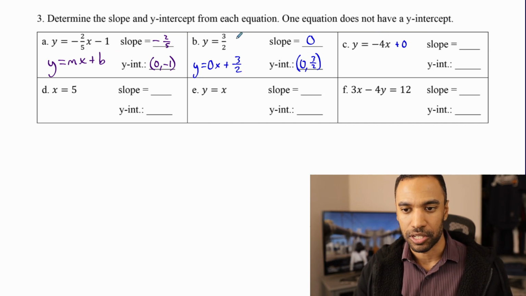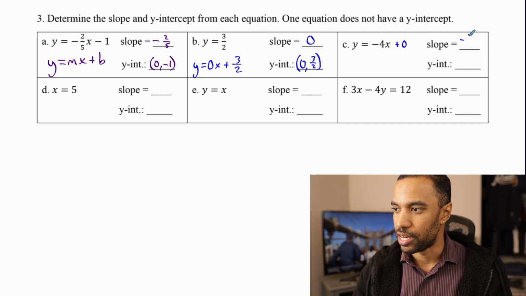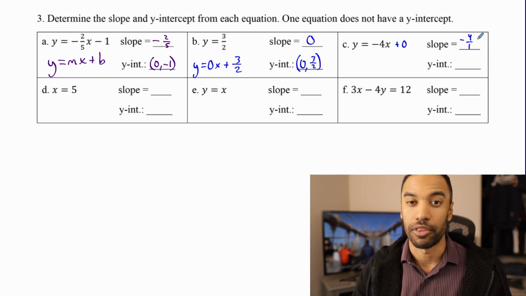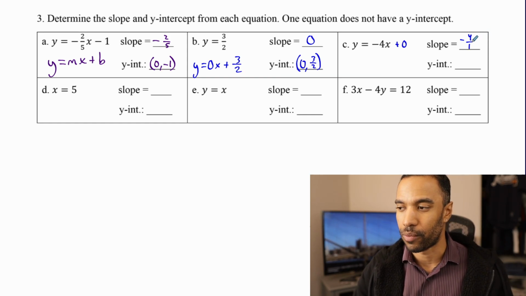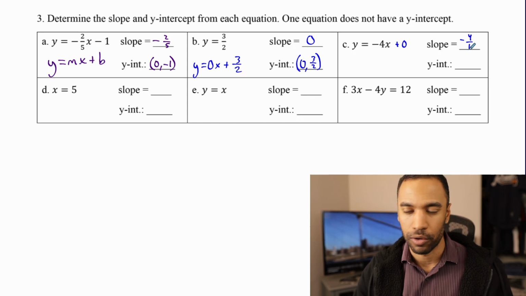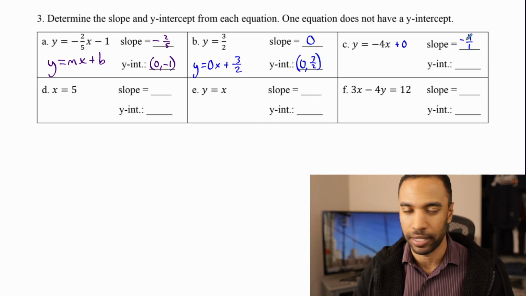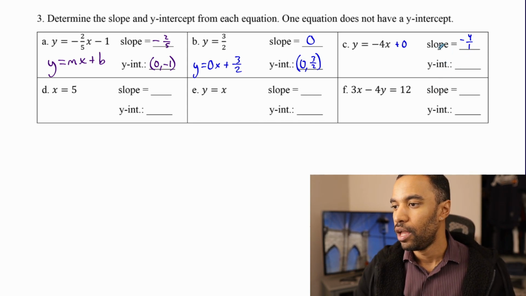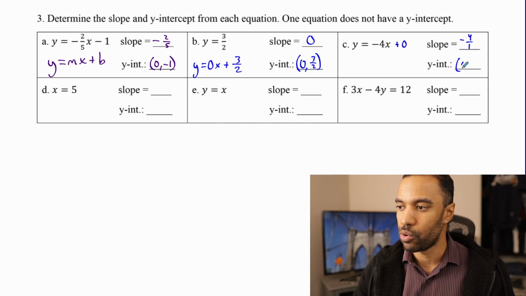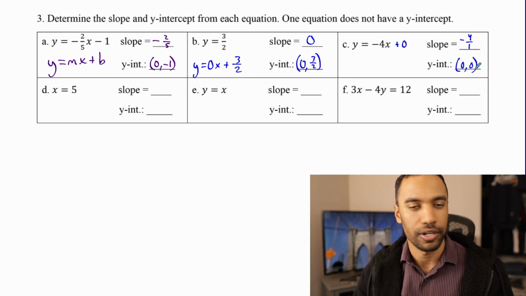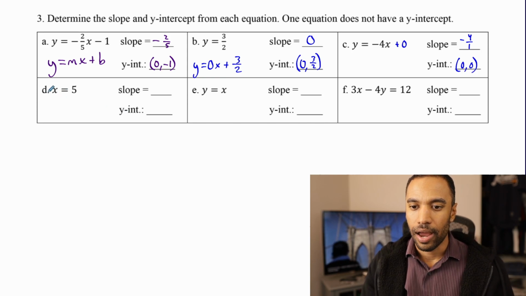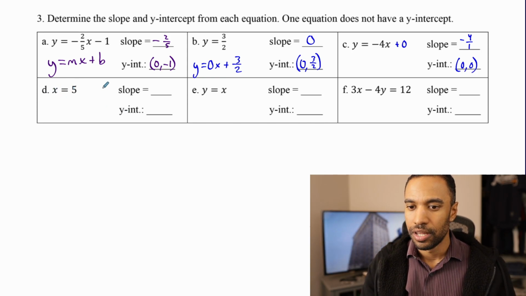It's negative 4 because it's m. For your sake, I'm going to write it as a negative 4 over 1. So again, for the practice, we note that when we graph this, fall 4, run 1, things like that. And I said fall because it's negative instead of rise. Y-intercept is 0, or in this case, (0, 0). It's at the origin.